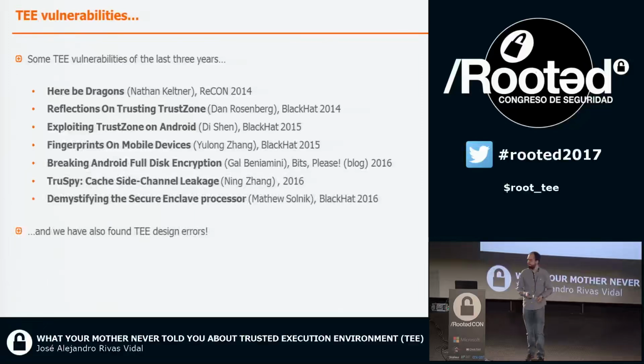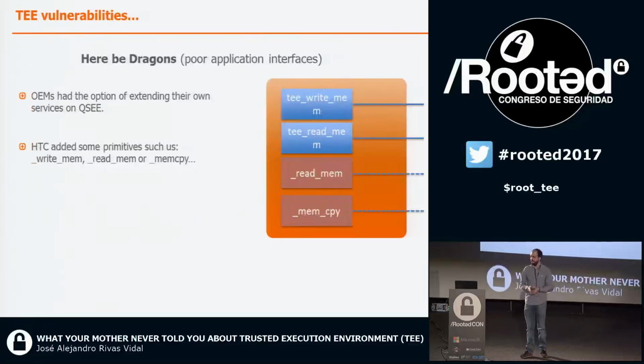And some of these problems come from daily work. A piece of research on Qualcomm's TEE highlighted that the OEMs have the option of extending their own services on QSEE.